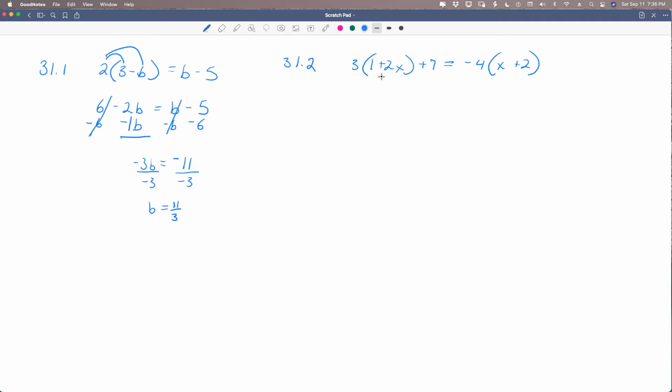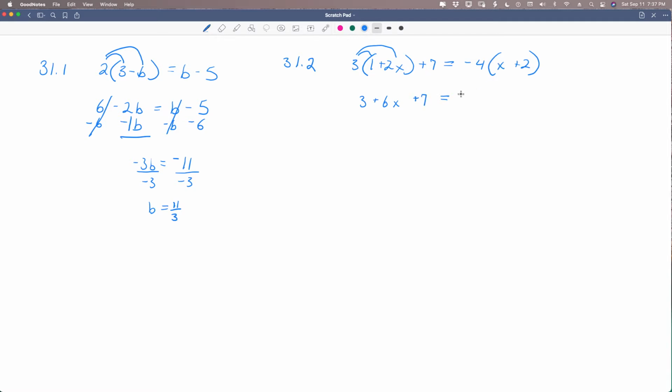All right, remember that we only distribute to what is in the parentheses. So 3 times 1, that's 3. 3 times 2x, that's a positive 6x. And 7 is not in the parentheses, so we bring it straight down.